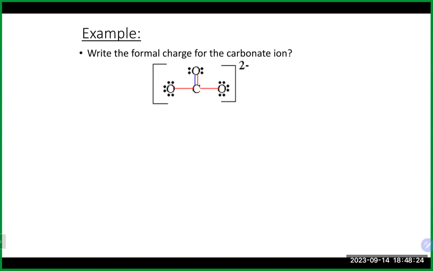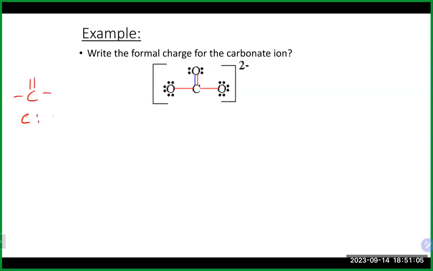So why don't you try one here? Let's take a look at our carbonate that we drew earlier. Calculate the formal charge on each of those atoms and see what you come up with. We'll start with our carbon, and our carbon looks like this.